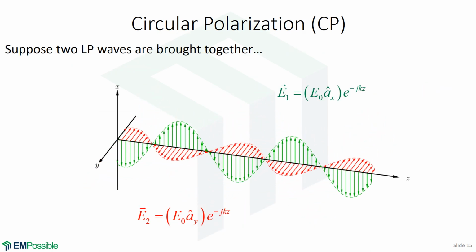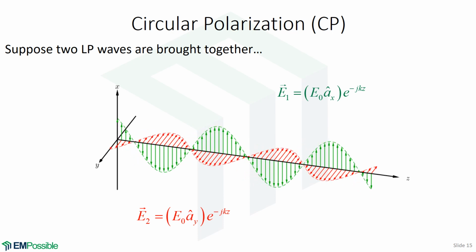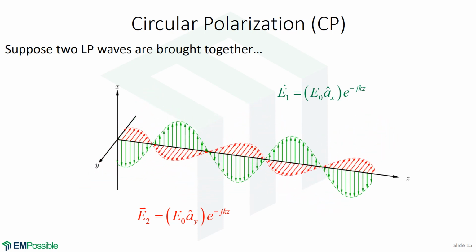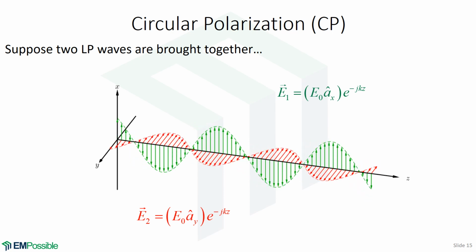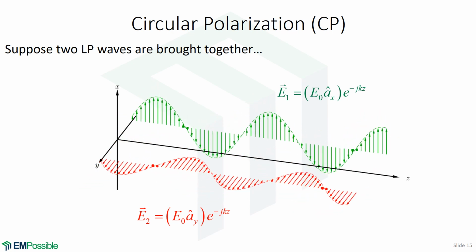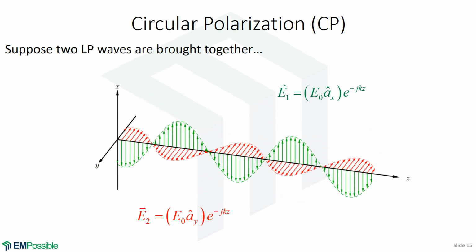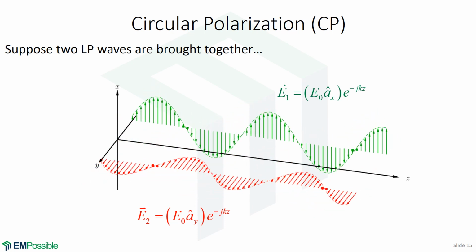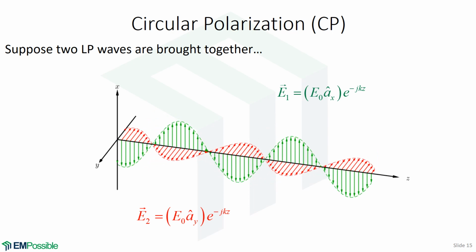On to our next type of polarization, and this is called circular polarization. What we're looking at now is, put aside for a second that there's this thing called circular polarization. We know that we can have a linearly polarized wave along x and a linearly polarized wave along y.